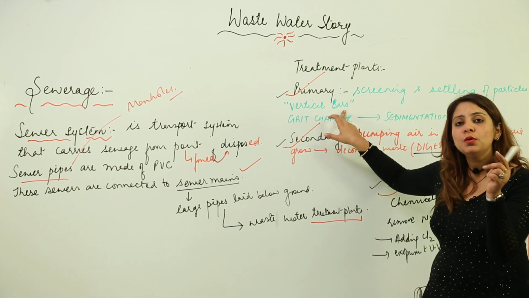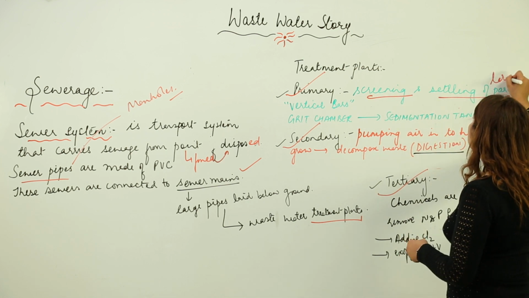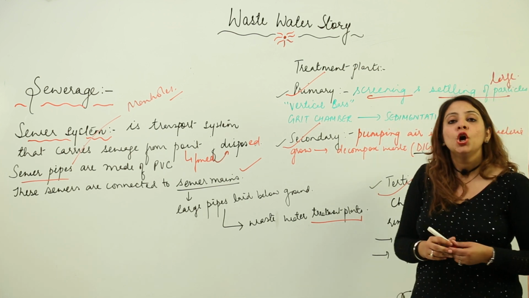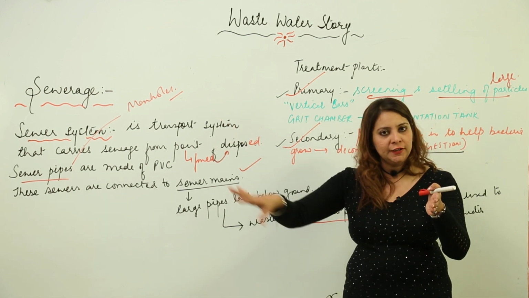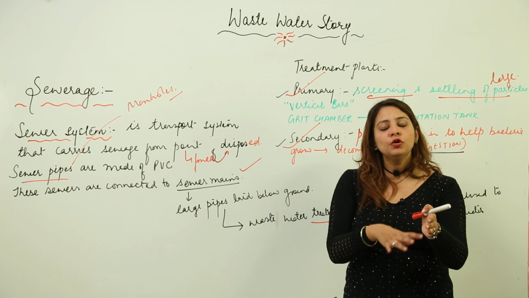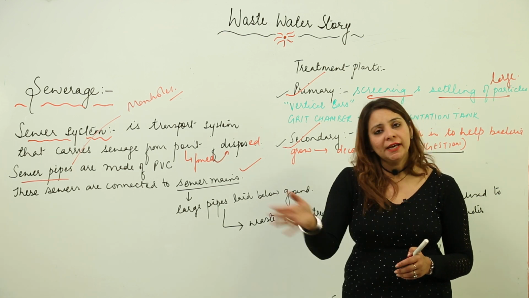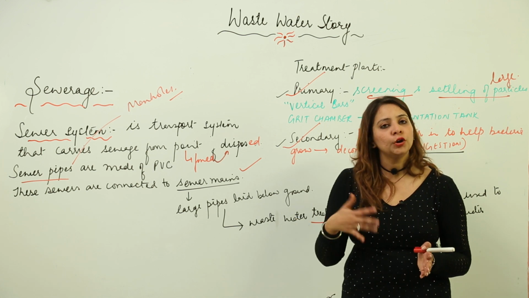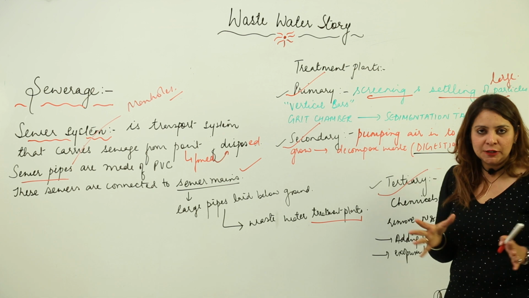When it is passed through vertical bars, screening and settling of large particles take place. That means there are certain vertical bars from which water is made to flow. The water flows, but the large size particles like metal cans and polythene bags get separated out from the water. So in the primary treatment, we are separating the large size particles.